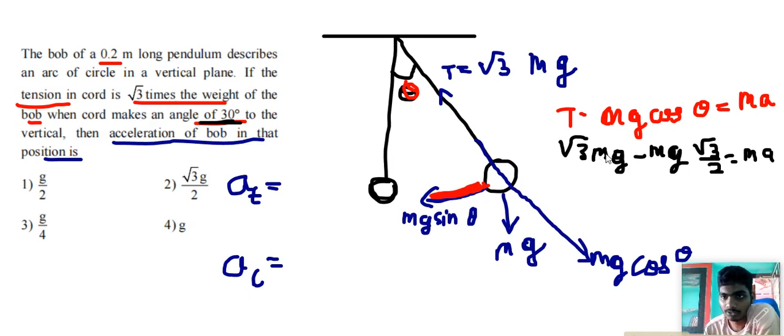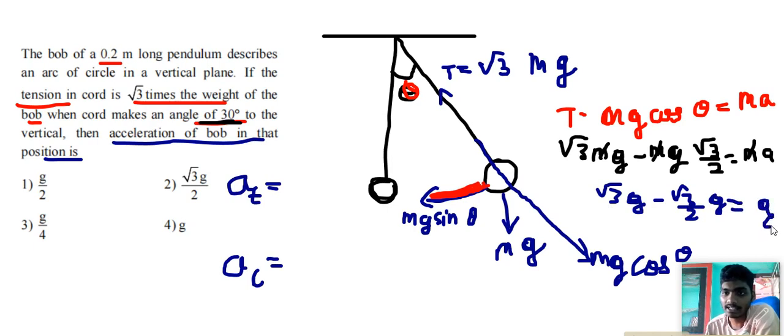We can cancel m commonly, so the remaining is root 3 g minus root 3 by 2 g, which equals the centripetal acceleration.